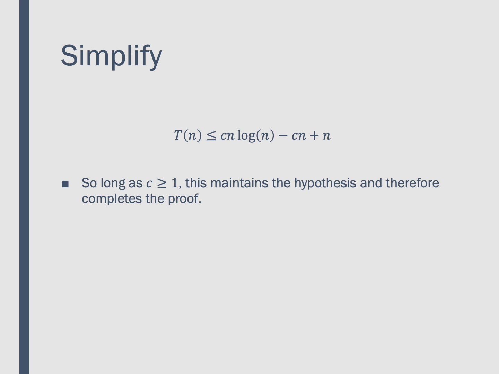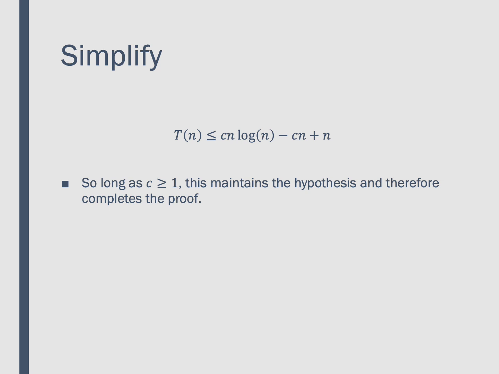So now we have the final simplified expression, which is Tn less than or equal to c dot n log n minus c dot n plus n. So long as we want to maintain our inductive hypothesis, the constant c must satisfy c greater than or equal to 1. This ensures that the dominant term c dot n log n properly bounds the recurrence.